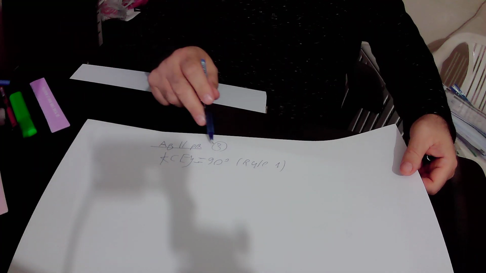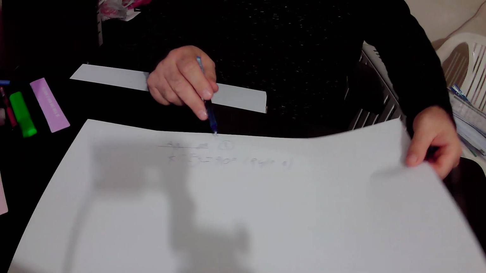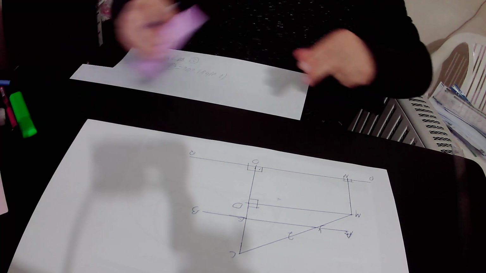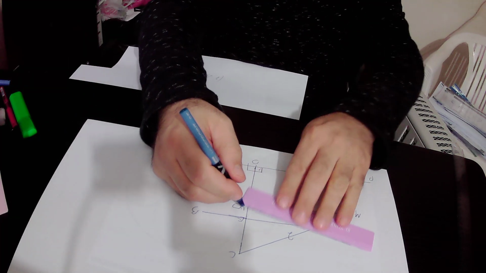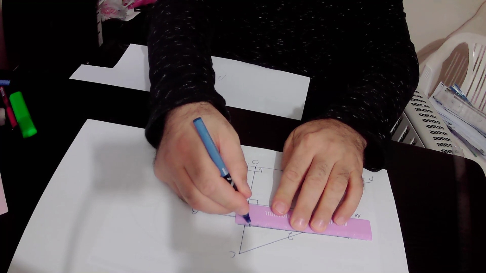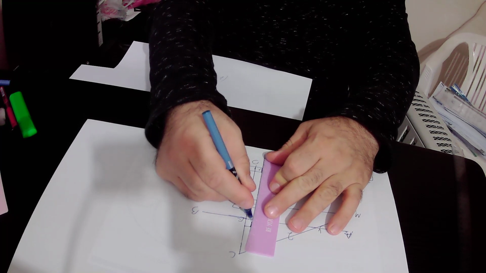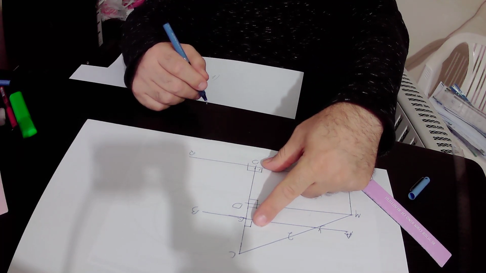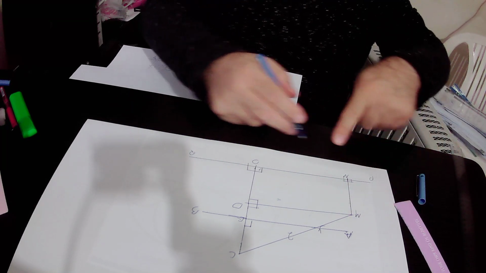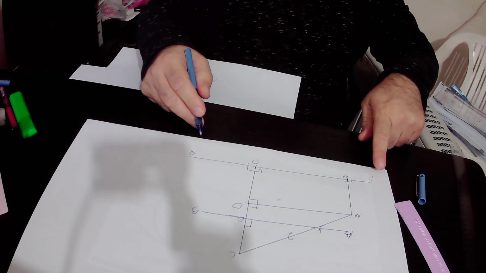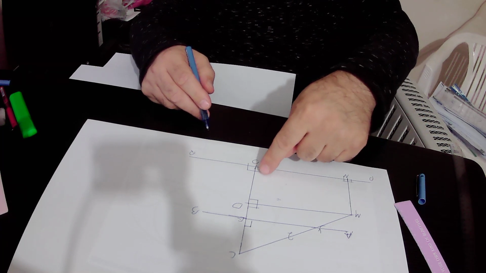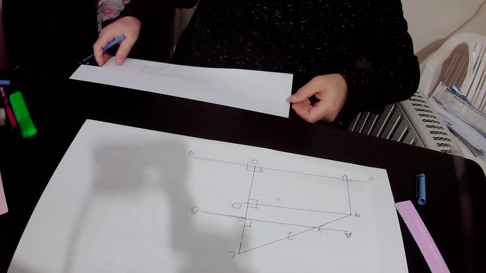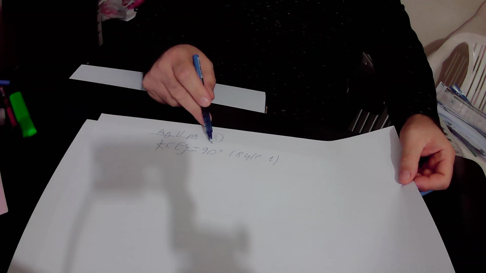Or angle CEY equals 90 degrees. So this angle equals 90 degrees according to rule number 1. Because those two corresponding angles are located between the parallel lines AB and PQ, they are equal to each other. Therefore, angle CEY equals 90 degrees.